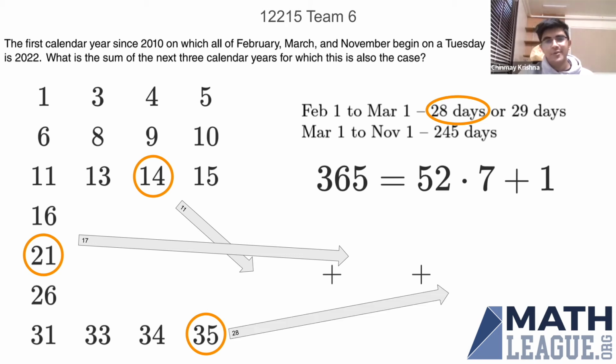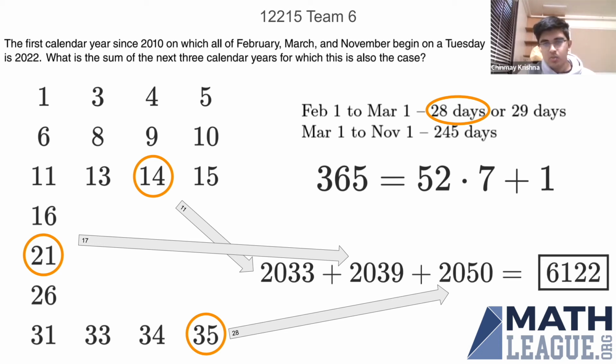Those are the next 3 years for which it'd be a Tuesday on all 3 of these months. So it'd be 2033, 2039, and 2050. And when we add those up, we get 6122.